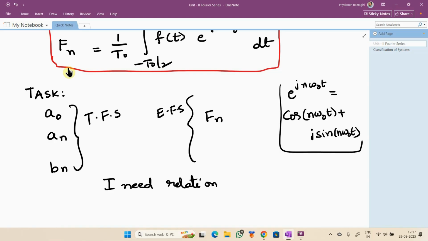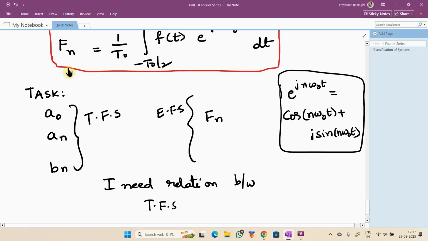And this relation leads us to get a relation between trigonometric Fourier series coefficients and exponential Fourier series coefficients.